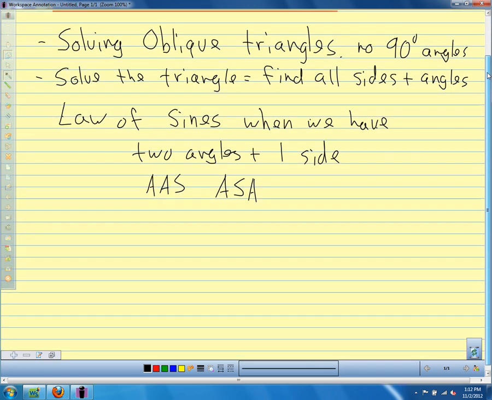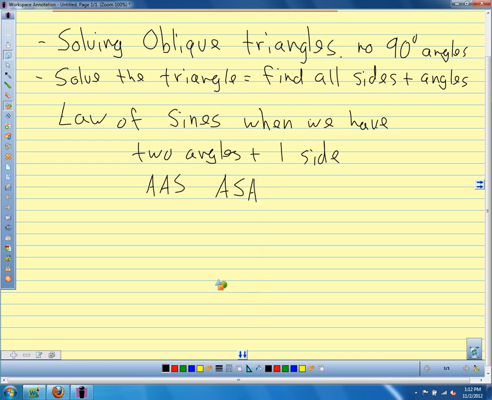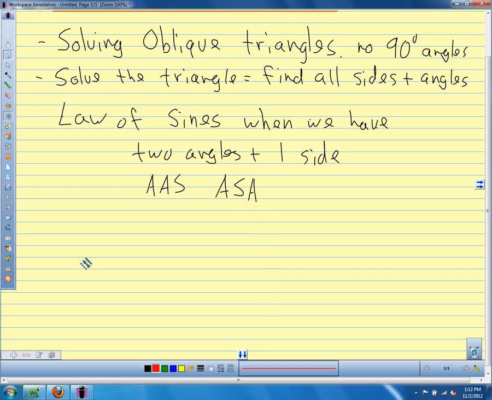When we're working with triangles, again, just a reminder, the way we label triangles is, if we have some triangle like so, we label the angles with capital letters.